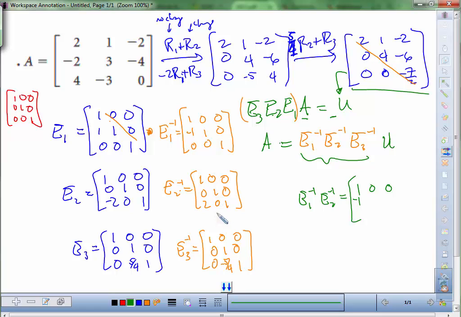Second row, second column is 1. Second row, third column of the other one is 0. And then third row, first column is 2. Third row, second column is 0. Third row, third column is 1.